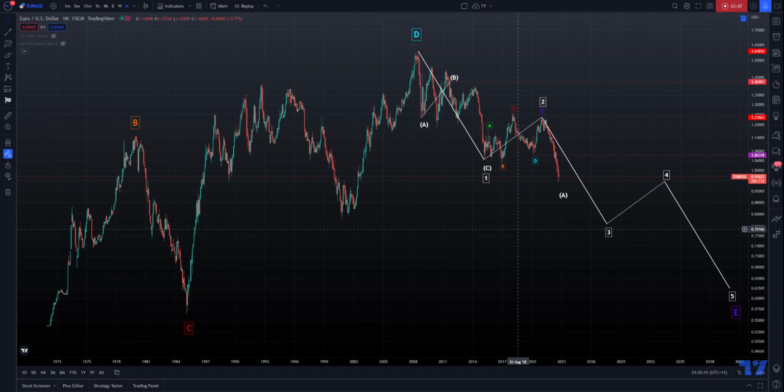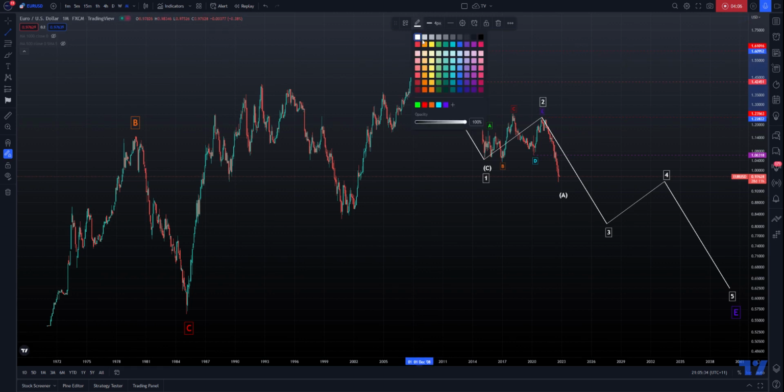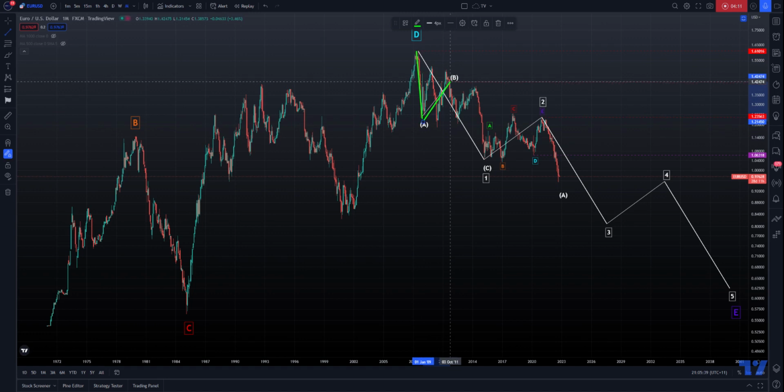If you look at the pattern right now in its entirety, up until where we are now, it could almost appear to be a type 2 weak wave E. For example, if this was wave 1, I'll make these drawings bright and green so you can see, and this is wave 2, 3, 4, 5, then chances are that this wave E could almost be over.